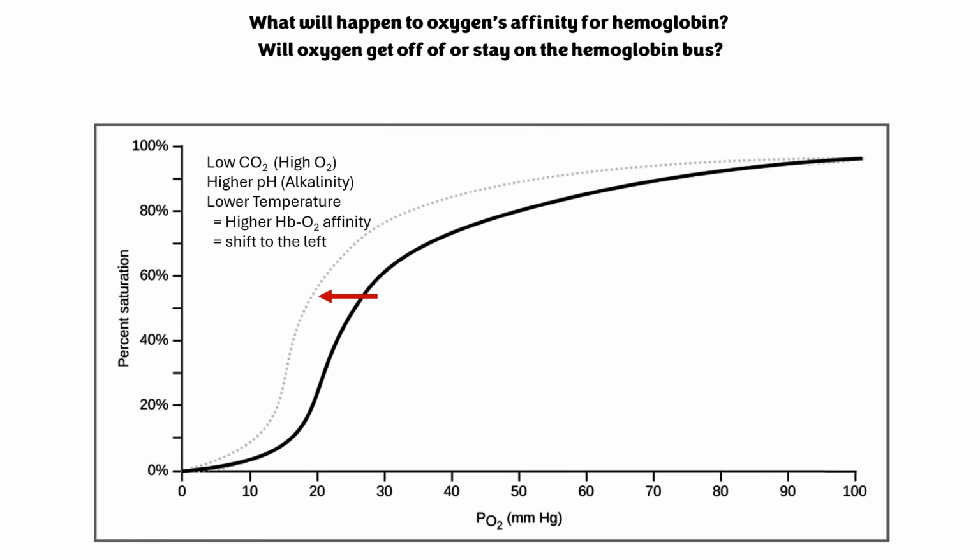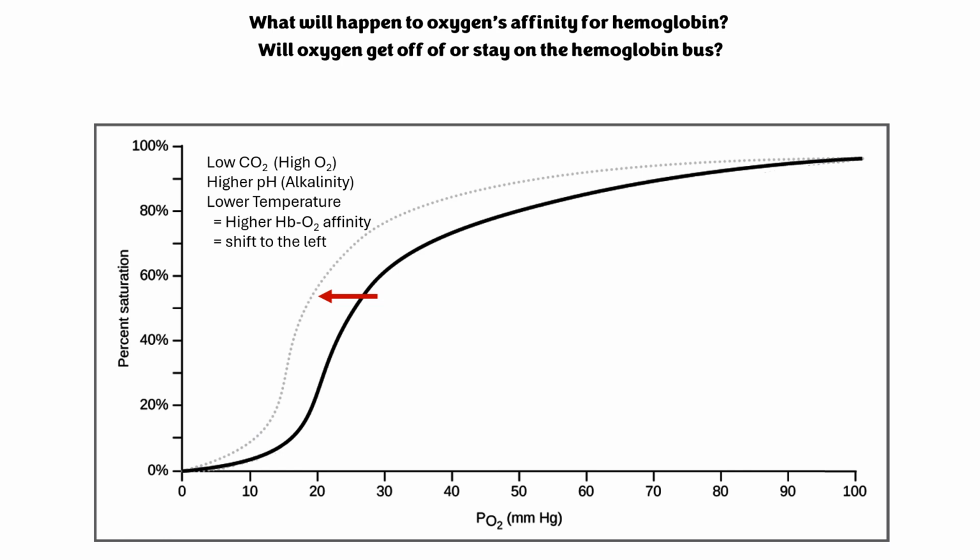And this part of the graph is telling us that there is a relationship between the pressure of oxygen in the area and the amount of oxygen that's going to be in the tissues or in the blood, and that can cause this graph to shift.